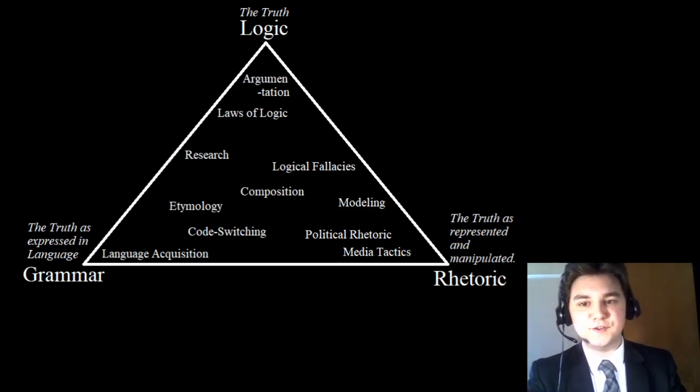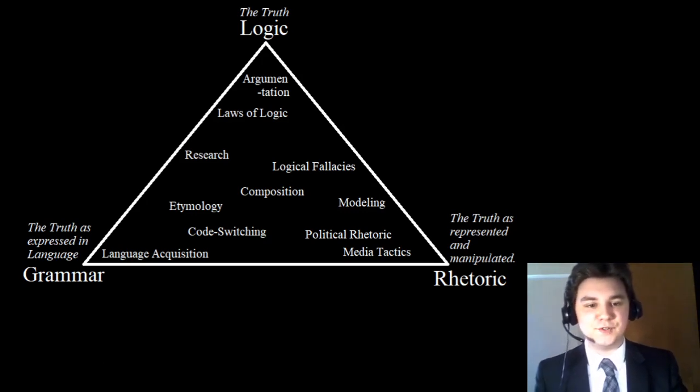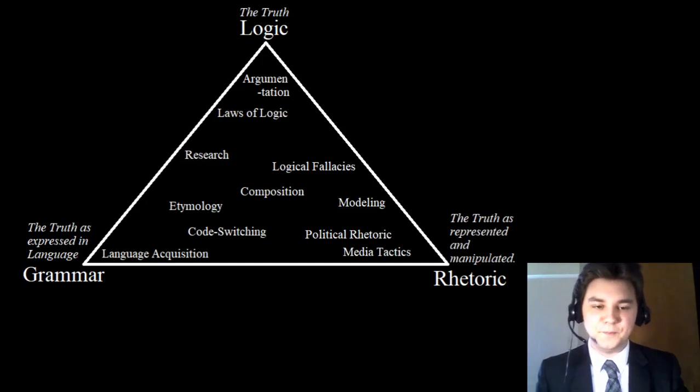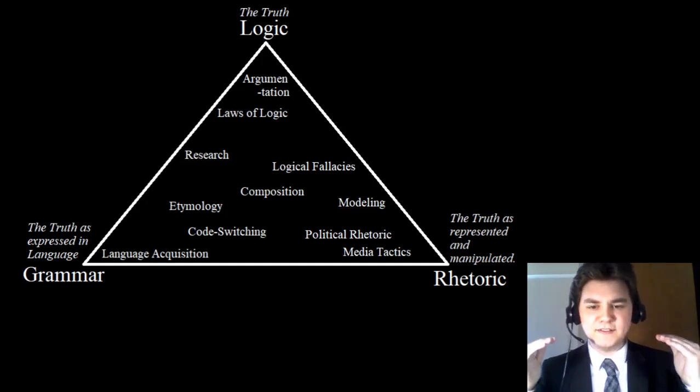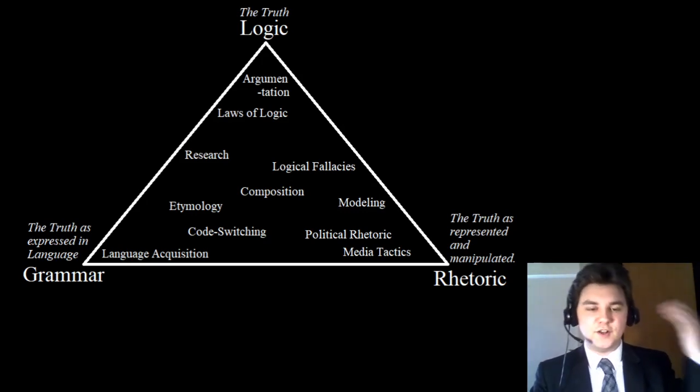And the intersection of grammar and logic, you might say, is conducting academic research, being able to comb through a document and pick apart relevant factual information to contribute to a logically coherent argument.